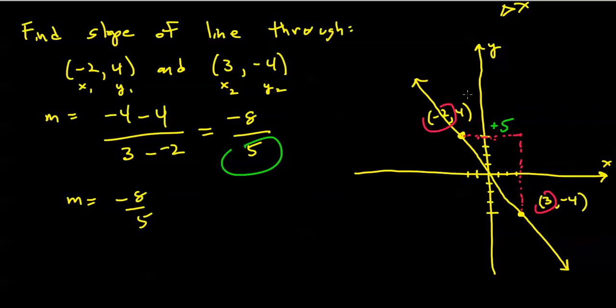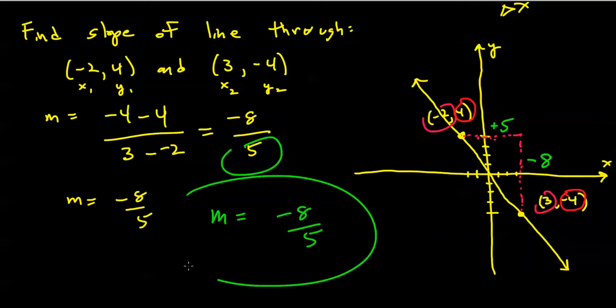Similarly, I can look at the y-coordinate. Well, the y-coordinate goes from 4 to -4. That's a drop of 8 units, and a drop translates into a negative rise. So I can see that my rise in this situation would be -8. So my change in x is +5, my change in y is -8, as indicated by that negative fraction calculation for my slope.